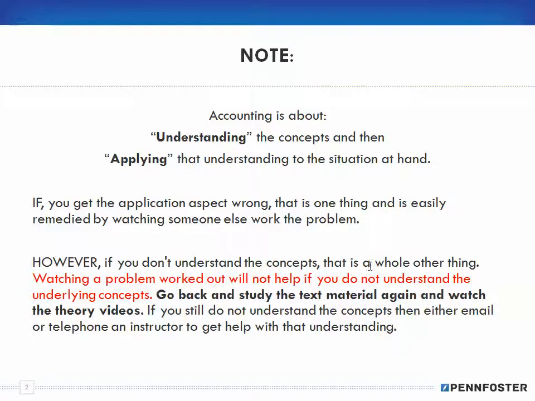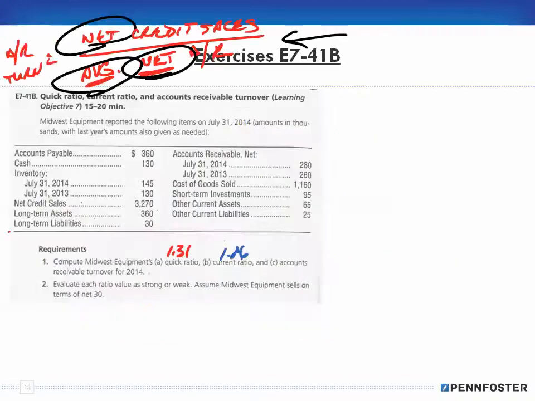However, if you don't understand the concepts, that's a whole other thing. Watching a problem worked out will not help you if you don't understand the underlying concepts. Go back and study the text material again and watch the theory videos, and that's exactly where we're at right here. I'm going to work it out, but it's not going to help you if you don't understand the underlying concepts. So go back and watch those theory videos, and notice how I'm being a little bit adamant about this, okay?